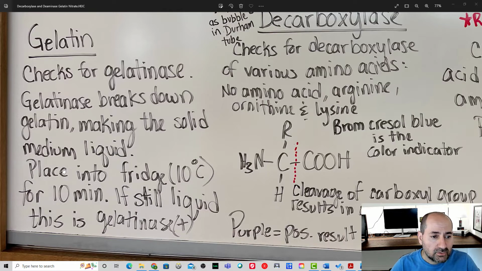Also, what you should know is that we had to place this either in the fridge or on ice for 10 minutes because the reason for that was to check for false positives. If the solution is still liquid after incubation in the fridge, then it is a true gelatinase positive or gelatin positive test.